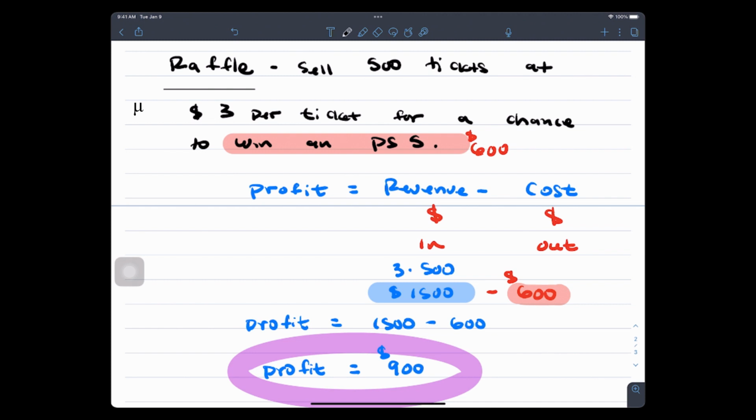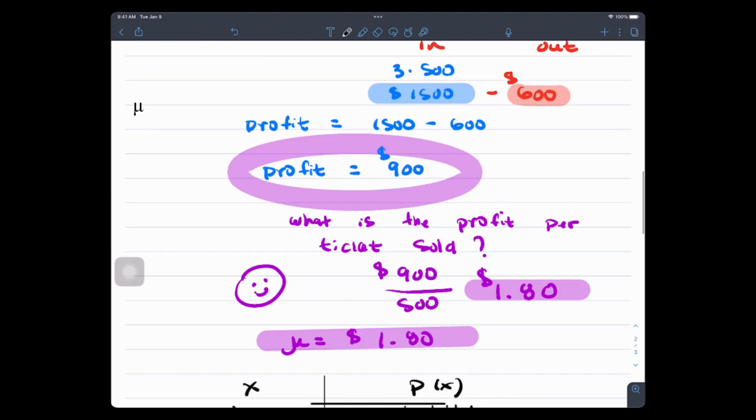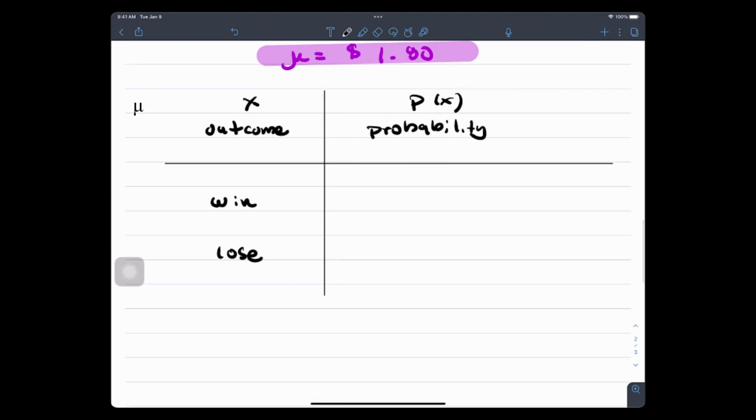What's the probability of winning? Well, how many tickets did you guys sell? 500. How many tickets are the winning ticket in a raffle for a single prize? One. Does that make sense? There's only one PlayStation. So this is one out of what? Good job.